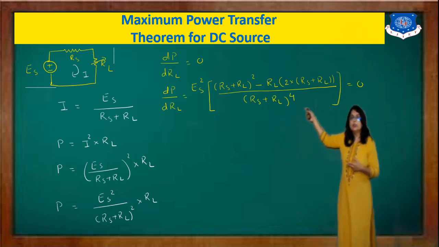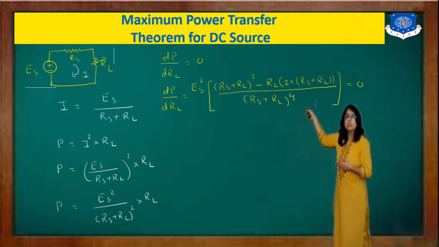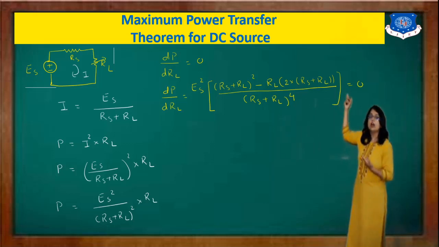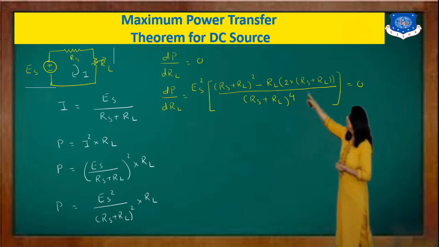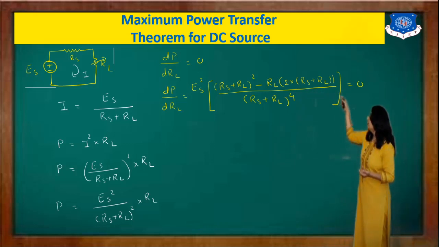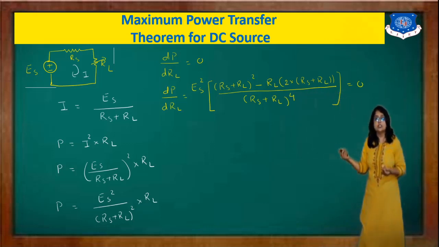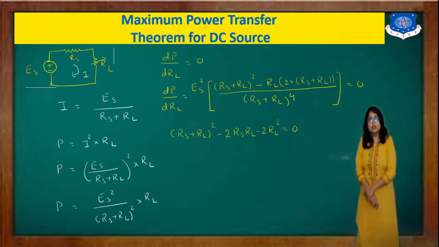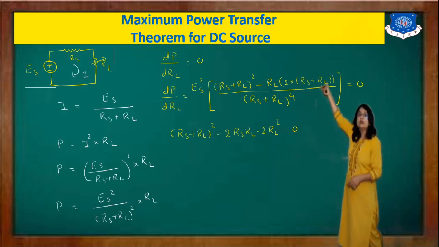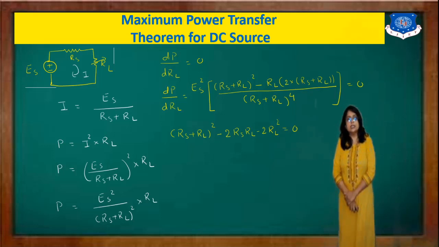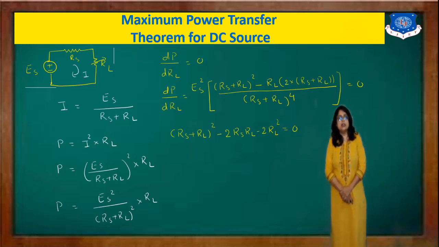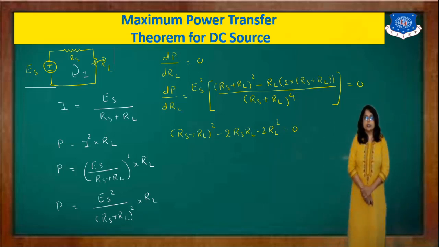Now if this goes in a multiplication with 0, the answer is 0. ES square divided into 0 is also 0. So only the numerator part remains: RS plus RL whole square minus 2RS RL minus 2RL square equals 0.